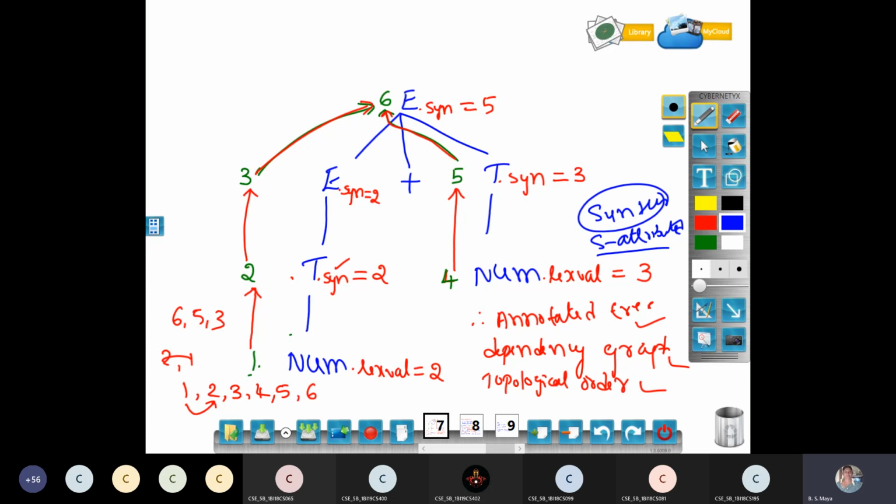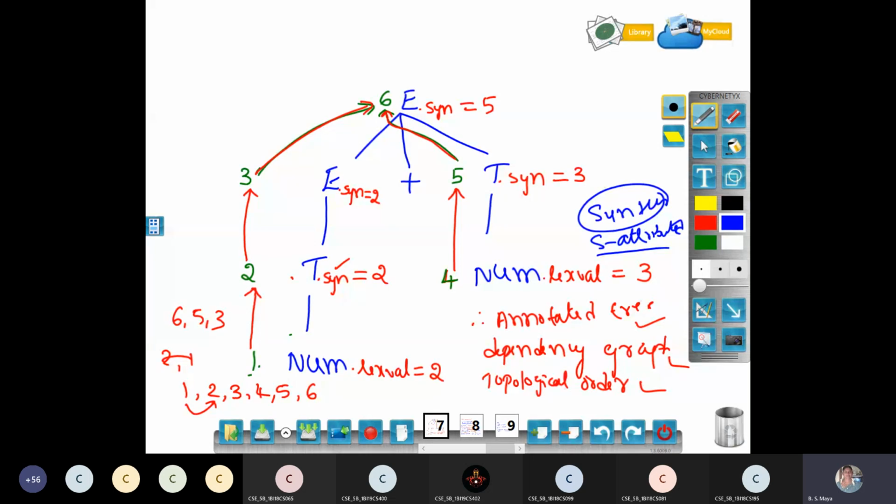See here, there is no effect on any of the terminals. It directly depends only on its children. So it is purely constant and purely dependent on the children. Because of that, it is called an attribute grammar. Okay, this is what an S attributed definition is. Now all the attributes are only synthesized attributes. Because of that, it is called an S attributed definition.